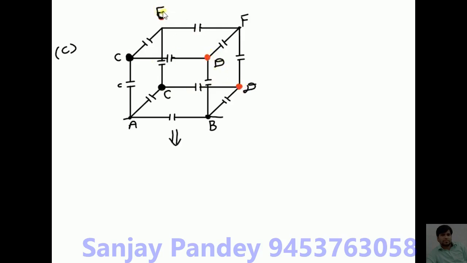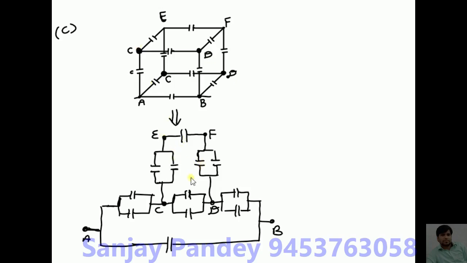Now let this position be E and this be F. This is your simple circuit diagram for the above network. Now the resultant of these two capacitors is 2C because these are in parallel.